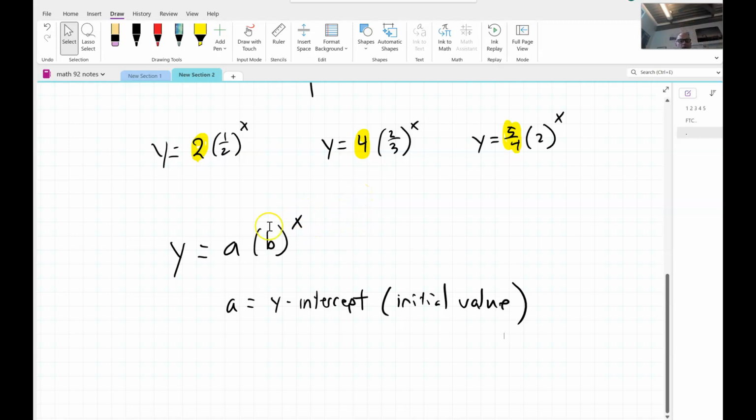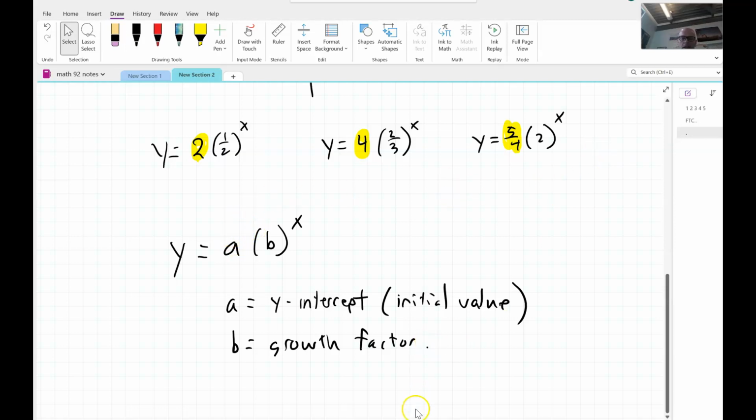So in general, we can say that A is the starting value or the initial value, and B is the thing that I'm multiplying over and over again by. So we're going to call that the growth factor. Okay?